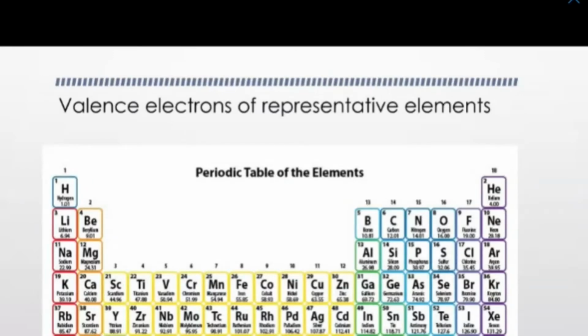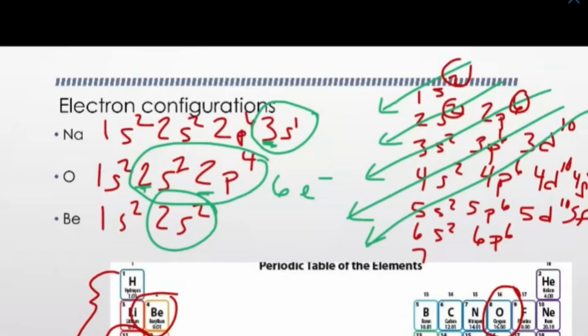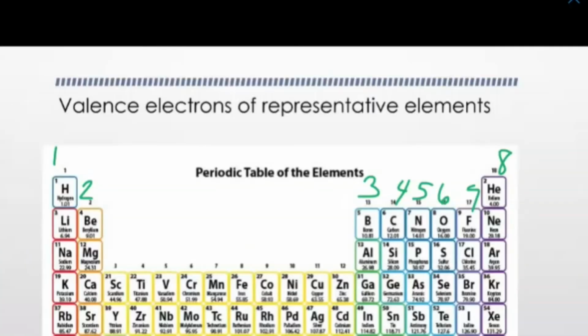So you can actually predict how many valence electrons are in each row by just simply looking at it. You can count 1 to 8, and that will determine how many valence electrons are in each row. So for instance, beryllium, when we went back there and we looked at it, it has 2 electrons. Beryllium is right here. It's in the second row.